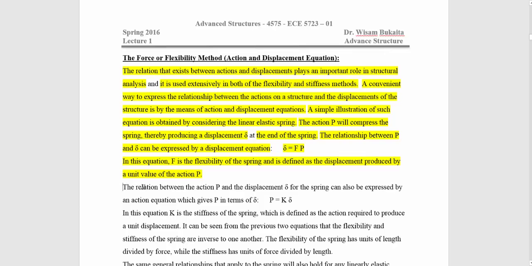The relation between the action P and displacement delta for the same spring can also be expressed by an action equation, which gives P in terms of delta. P equals K delta. This relation is for the next method, which represents the relation between force, stiffness, and displacement.